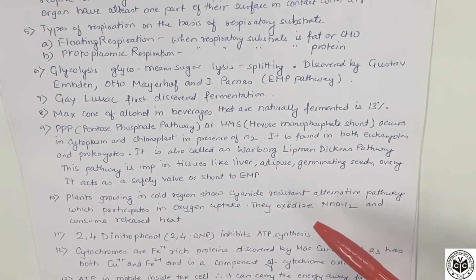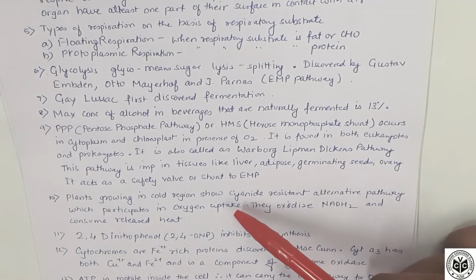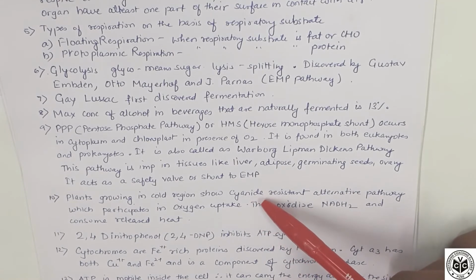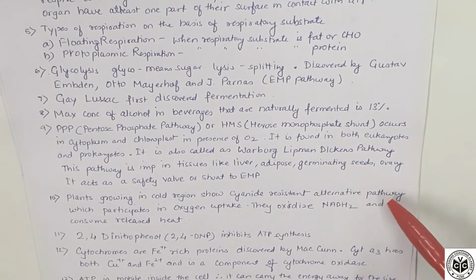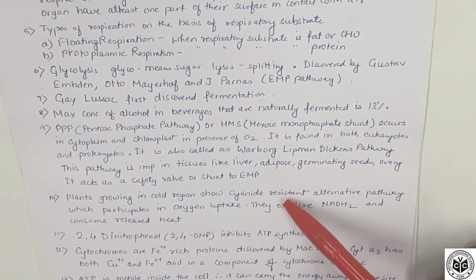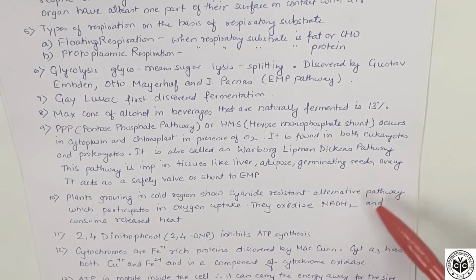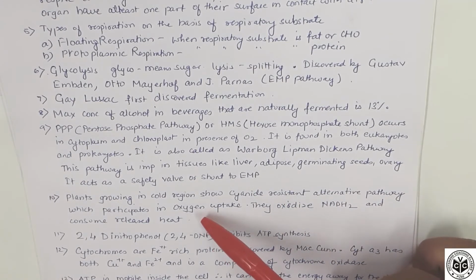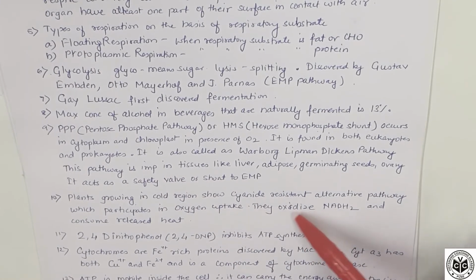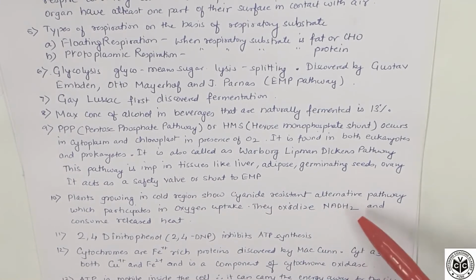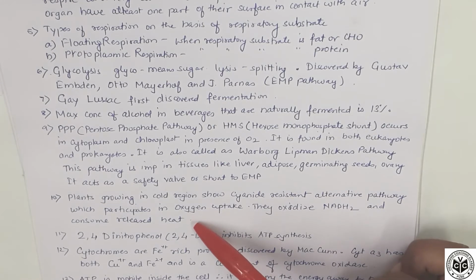The next point, plants growing in the cold region show cyanide resistant alternative pathway, which participates in the oxygen uptake. They oxidize NADH2 and consume the released heat.